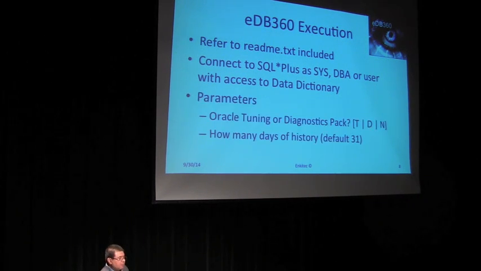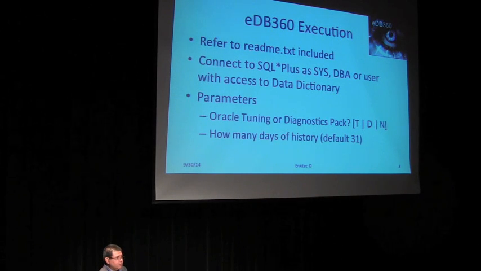Parameters, 2 parameters. The first one is going to ask if your site has a license for tuning or diagnostics pack. If you say no, you still get some output, but very limited. So if you do have a license, go ahead and say tuning if you have the tuning pack, or D if you have diagnostics pack. So you get all the information. And the second parameter is how many days of history do you want.